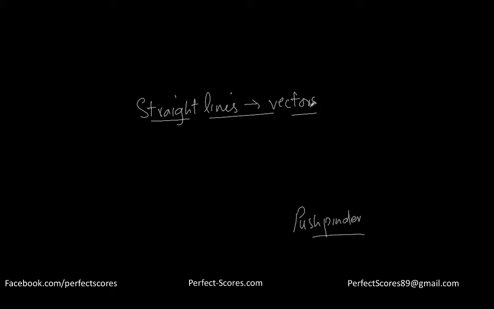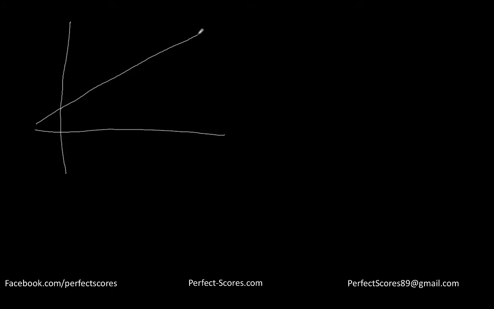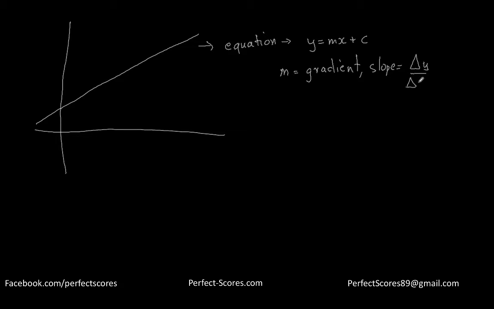because if you're studying vectors you'll definitely have the knowledge of coordinate geometry, which states that if you have a line like this, then the equation of the line is denoted as y is equal to mx plus c, where m is the gradient of the line, also called the slope of the line, which is equal to the change in y divided by the change in x.